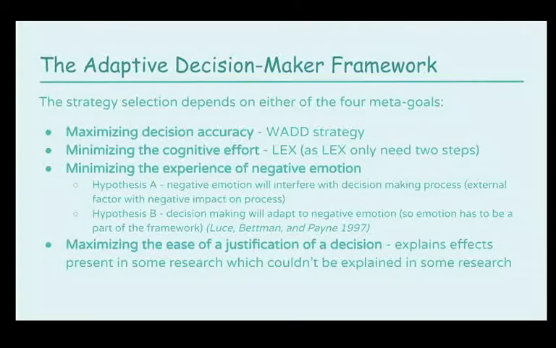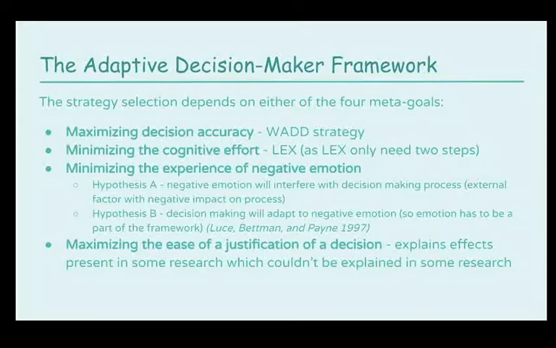Another hypothesis is that the negative emotions that you have would influence the decision making directly. So emotions should have been a part of the theory or the framework. A study that supports this is Luce, Bettman, and Payne's, which was conducted in 1997.